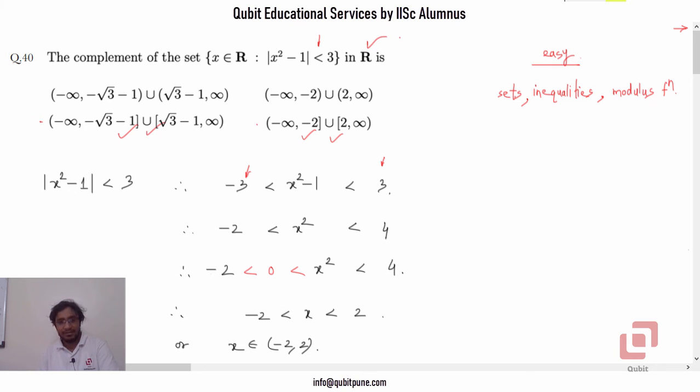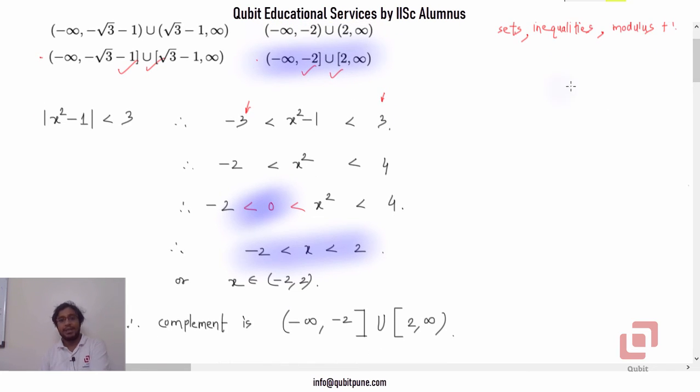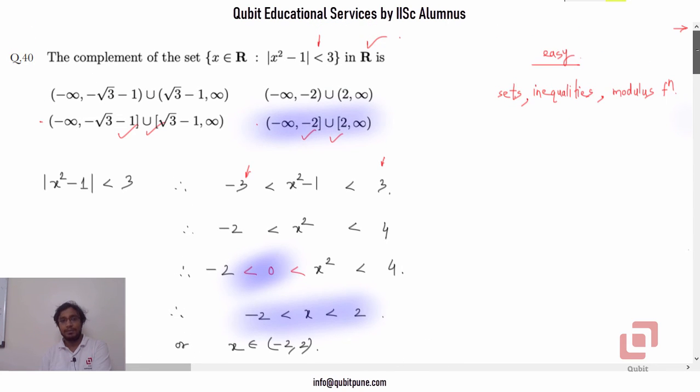So that's why I've added this here, so that negative 2 can be replaced by 0 now. So 0 less than x squared less than 4 means x is in between negative 2 and 2, so x belongs to the open interval negative 2 to 2, so its complement has to be this one. So that is the correct option. Negative infinity to negative 2 union 2 to infinity, closed interval at negative 2 and 2.